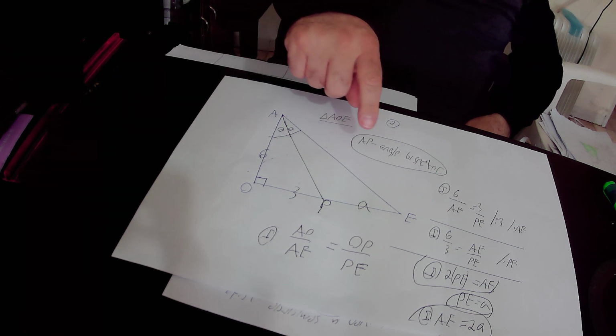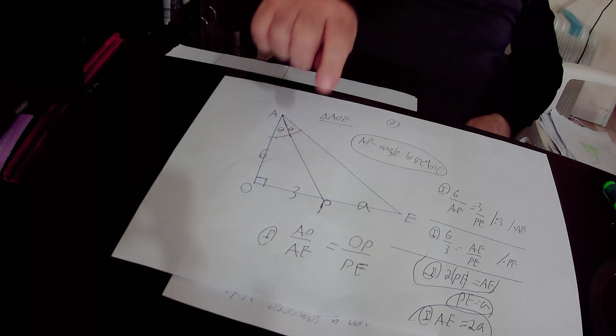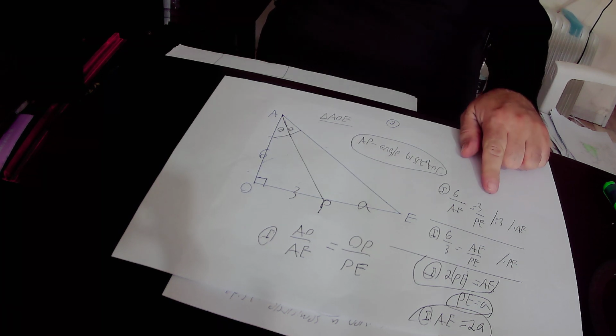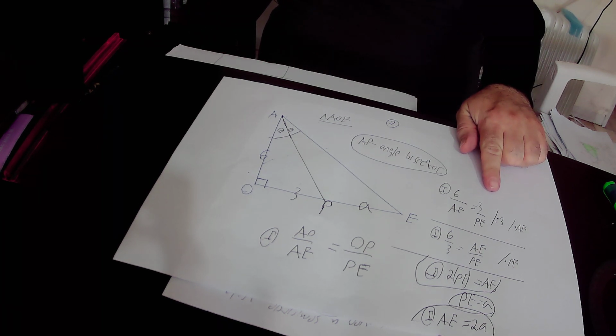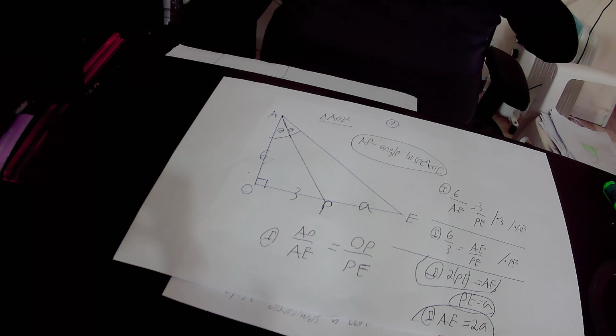AO equals 6 over AE, and OP equals 3 units, this is the radius of the semicircle, over PE. We divided equation number 1 by 3, and then we multiplied by AE, and we found that 6 over 3 equals AE over PE. 6 over 3 is 2.